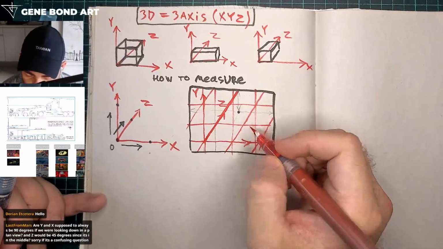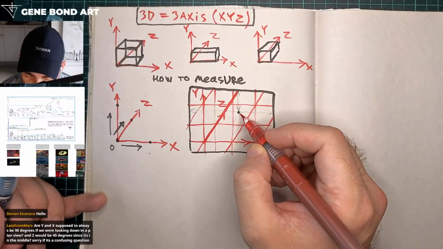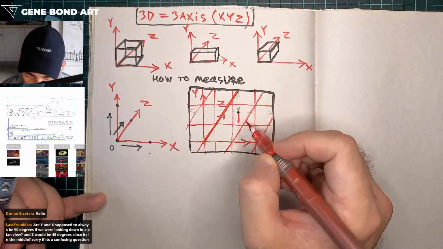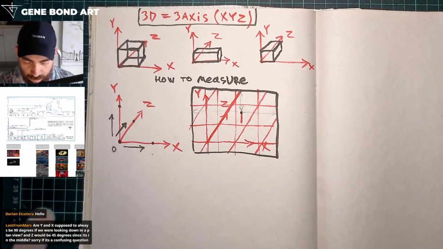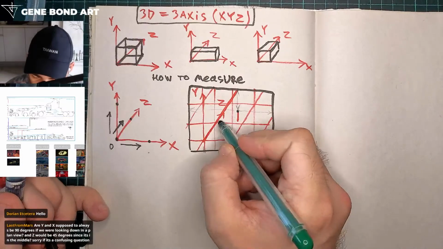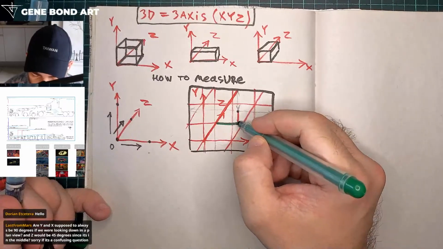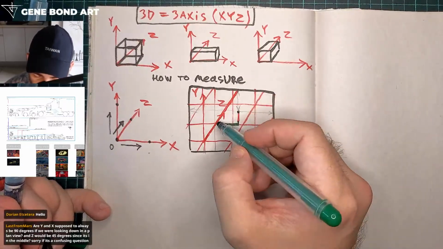Let's say it's a little in the air and a little to the right from the initial point. So let's do it like this. It's here.